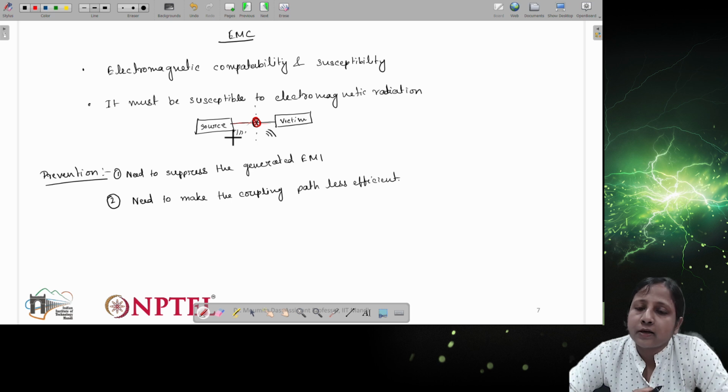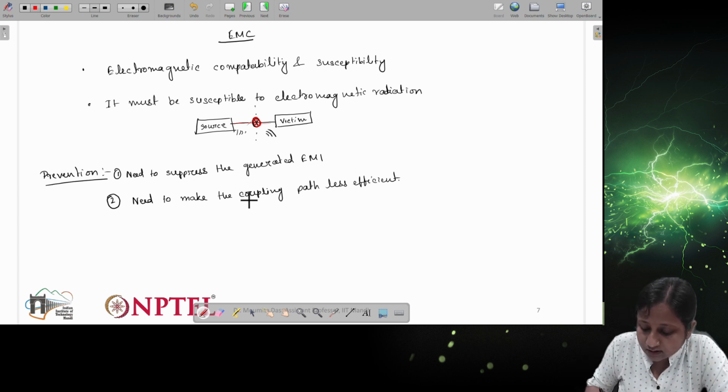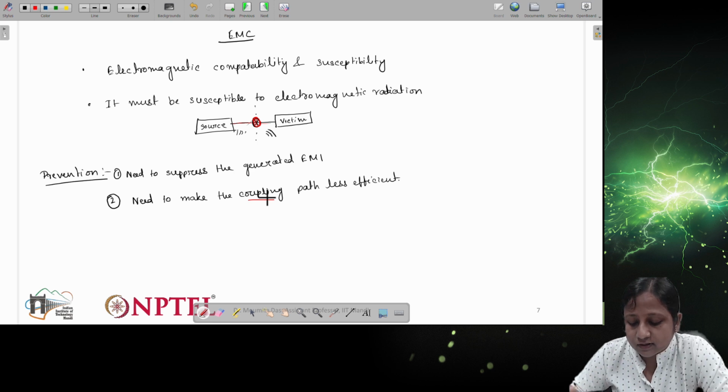It can be capacitive, inductive, or magnetic, whatever is causing that path to be present. That is known as the coupling path. Otherwise, the victim will not get affected. So we have to see how to do that.